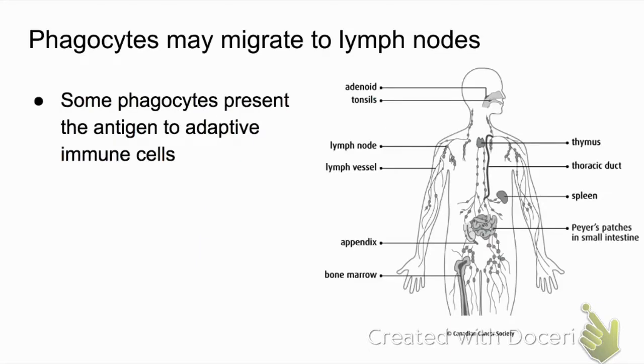Now, to review, the lymph system is a system of vessels as well as organized tissue, and in some cases organs, where we find white blood cells and other cells that are involved in immune response. So how does a cell travel to these lymph nodes?